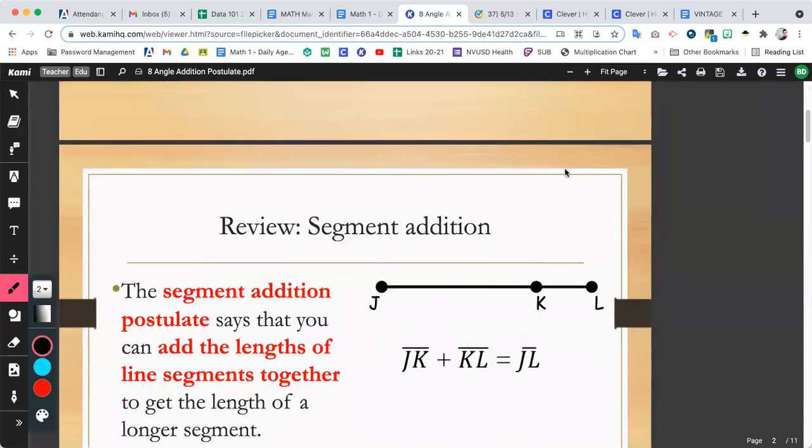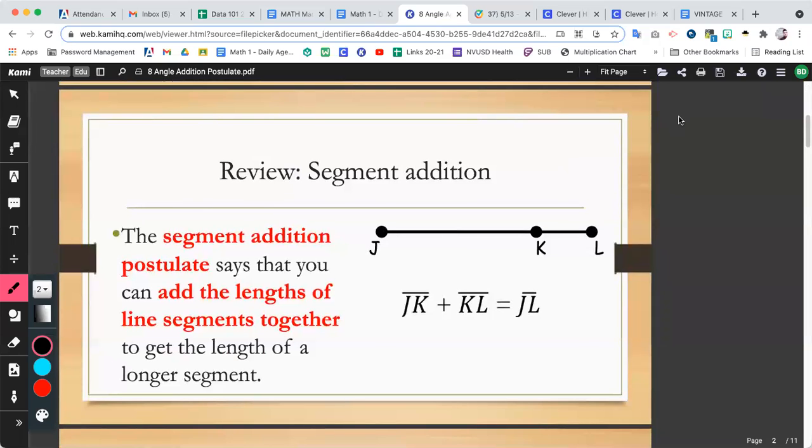Okay, so as a reminder, here's a review of segment addition. This is what we learned earlier in the chapter. When you think of segment addition postulate, all they're saying is that if you look at this line segment, JKL, you can think about that as three different pieces. We have JK, we have KL, and then the whole thing is JL.